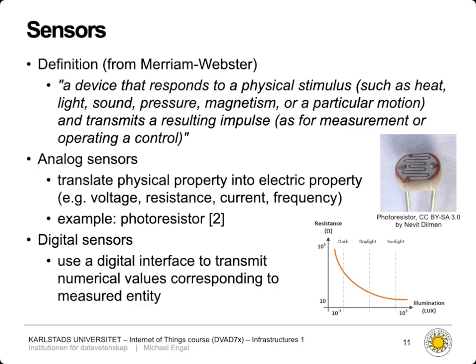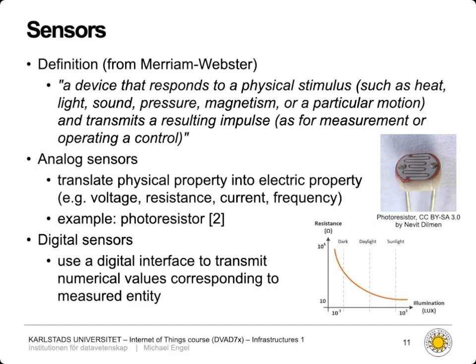So we distinguish between two different sorts of sensors. First we have analog sensors. An analog sensor takes some physical property, like the intensity of light, the loudness or amplitude of sound, the pressure you have somewhere, like the air pressure, or the temperature, and uses a physical effect in order to transform this into an analog electric property.